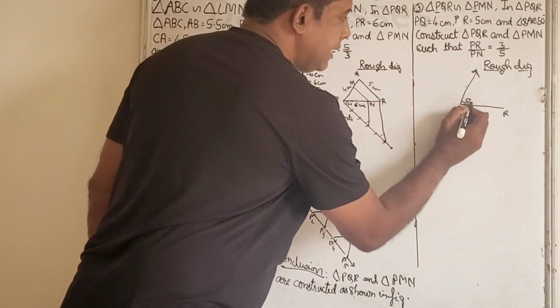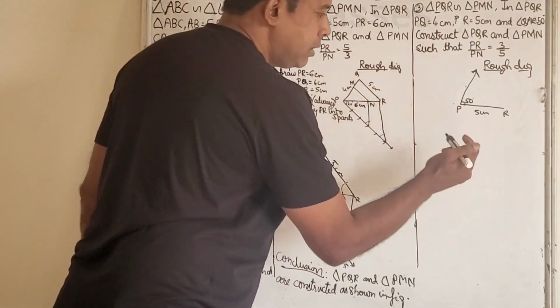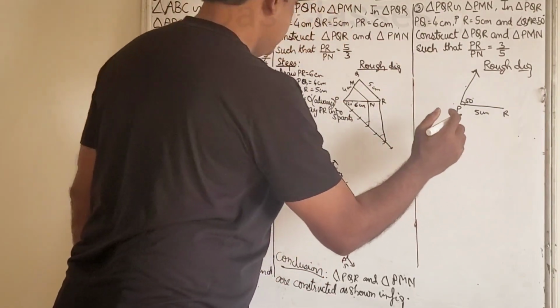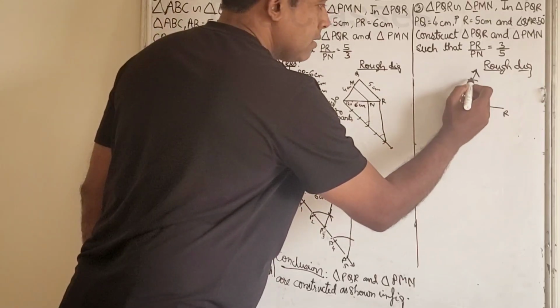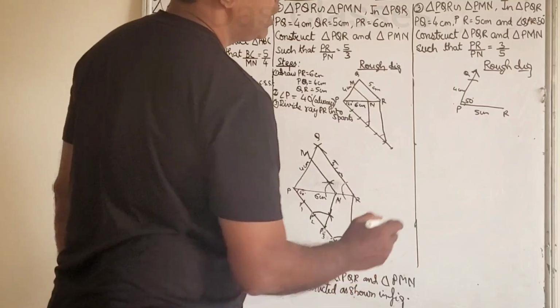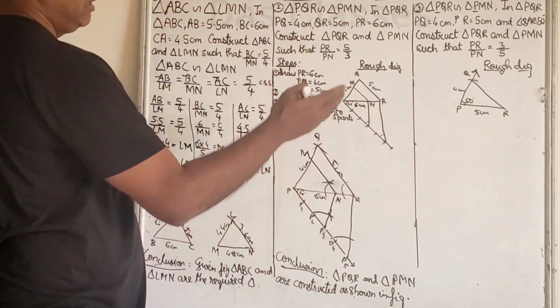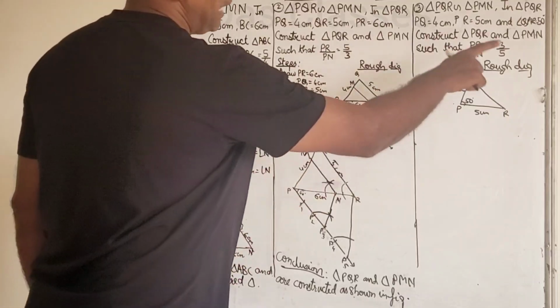So this is 50 degrees. Now PQ is 4 centimeter. So take PQ as 4 centimeter and mark it there, 4 centimeter. And then join this. So this is our triangle whose values are given.